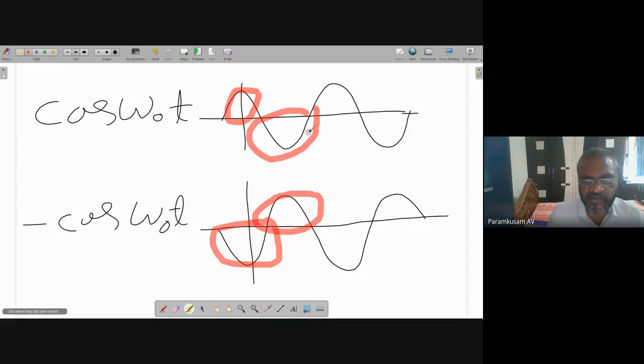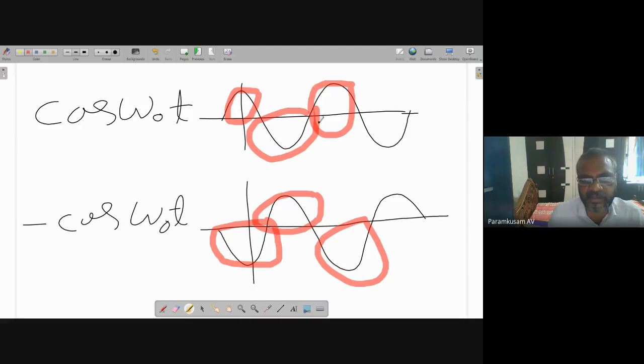This is positive half cycle, like that, minus cos. So that means there is a 180 degrees phase shift. When it is positive half cycle, then it is negative half cycle. When it is starting from positive to negative, then it is starting from negative to positive, because it is minus cos omega naught t.